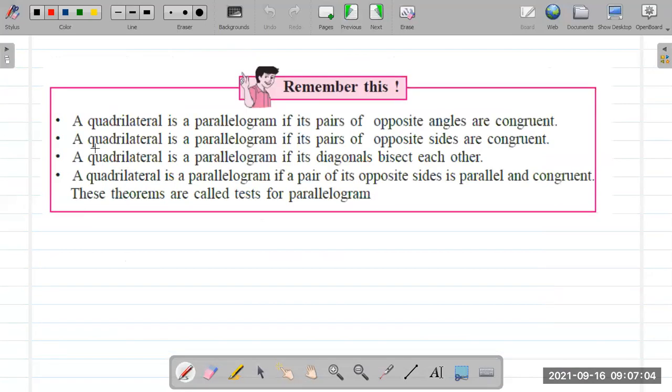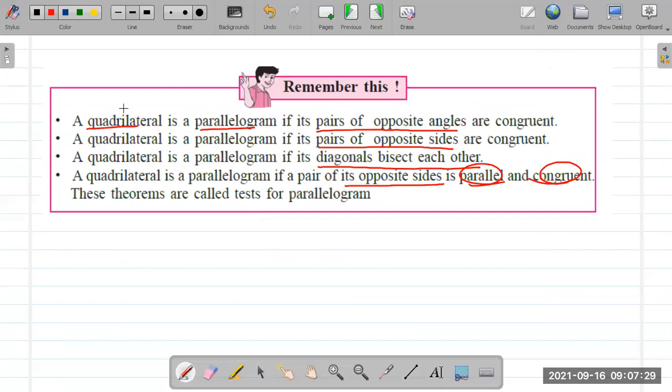Yes, here. So these are the 4 tests to prove that a given quadrilateral is a parallelogram. Either you prove that the opposite sides are equal, or you prove the opposite angles are equal, or you prove the diagonals bisect each other. Or we can prove that a pair of opposite sides are parallel and congruent.